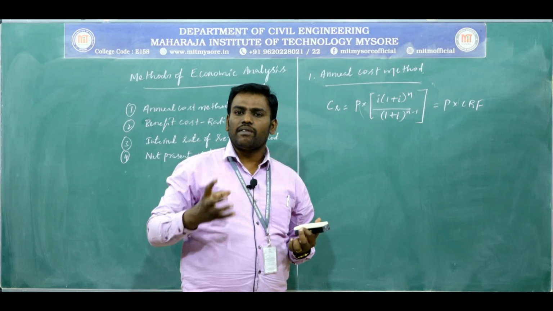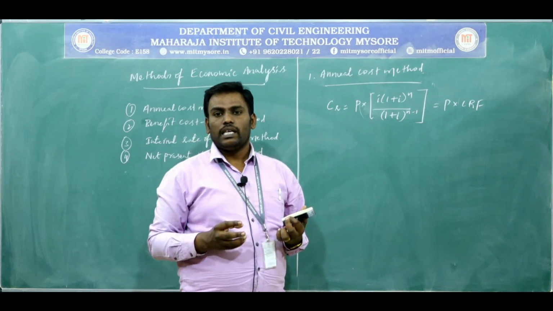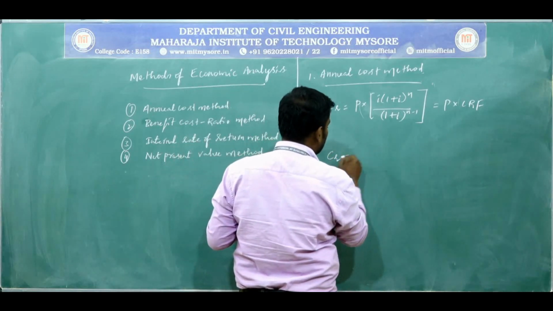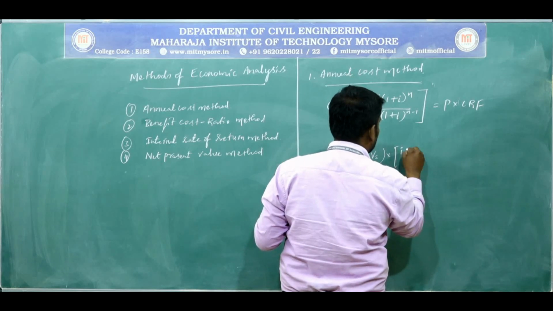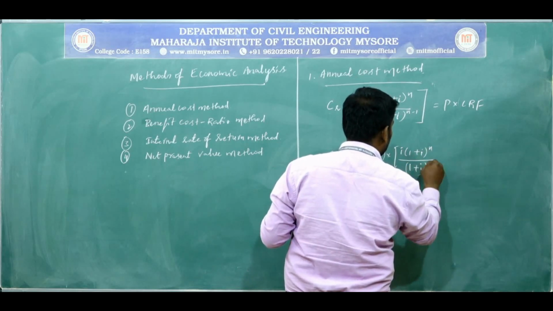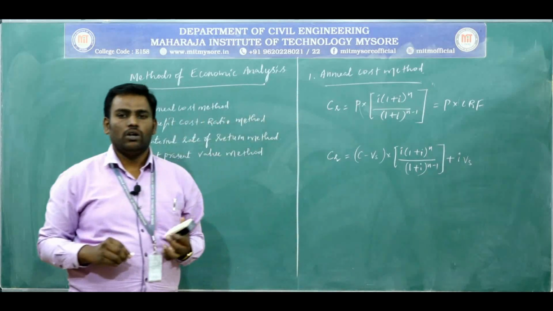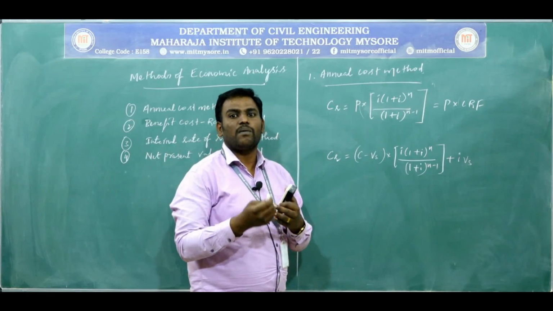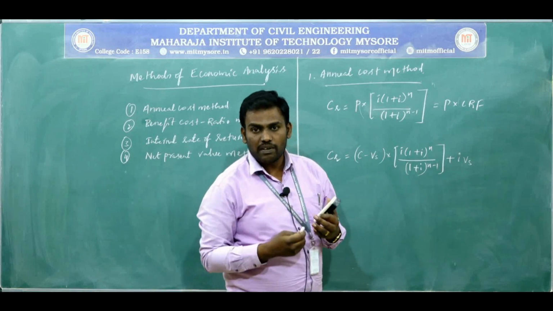In that case, you calculate the annual cost using this relation: CR is equal to (C minus Vs) multiplied by I (1 plus I) to the power of n divided by (1 plus I) to the power of n minus 1, plus I into Vs. Where C is the capital cost, that is the cost of improvement, and Vs is the salvage value at the end of n years, at the end of service life of the items.